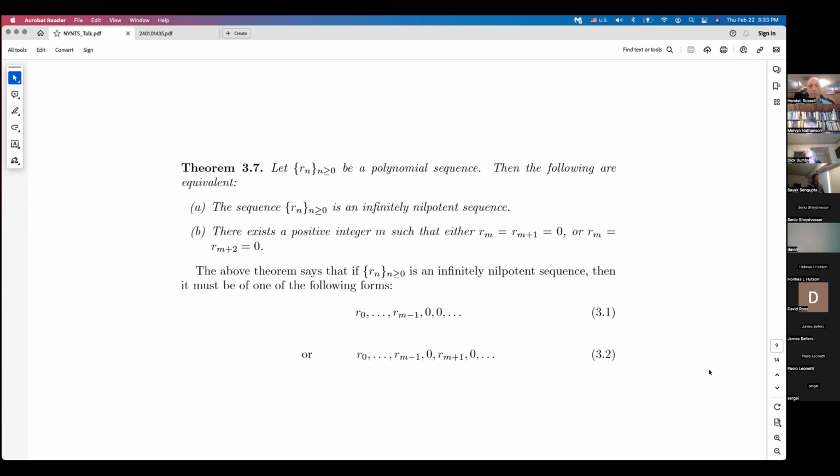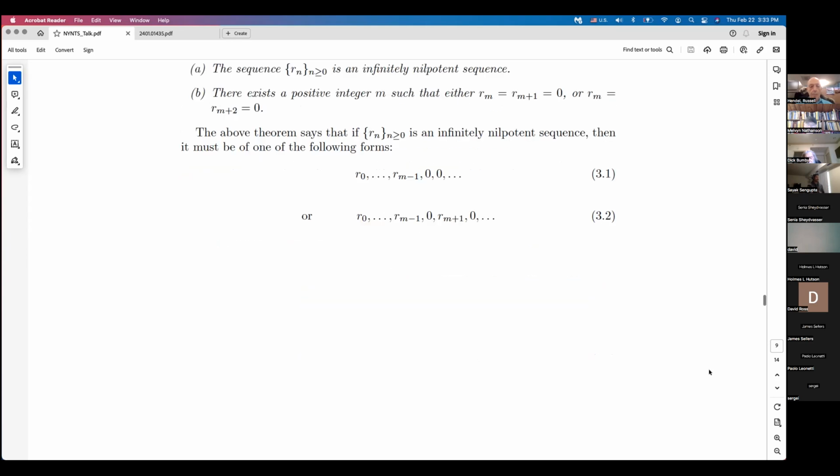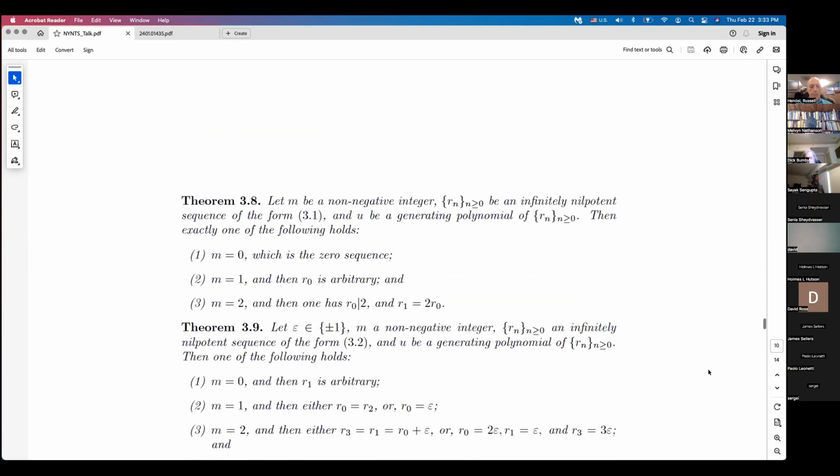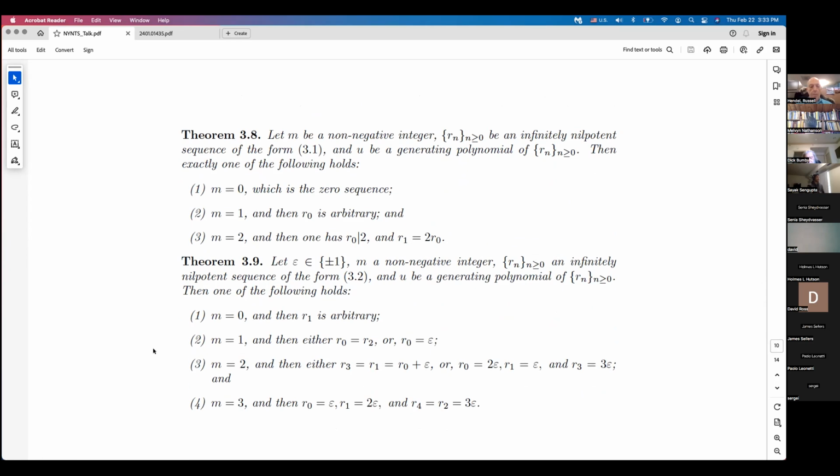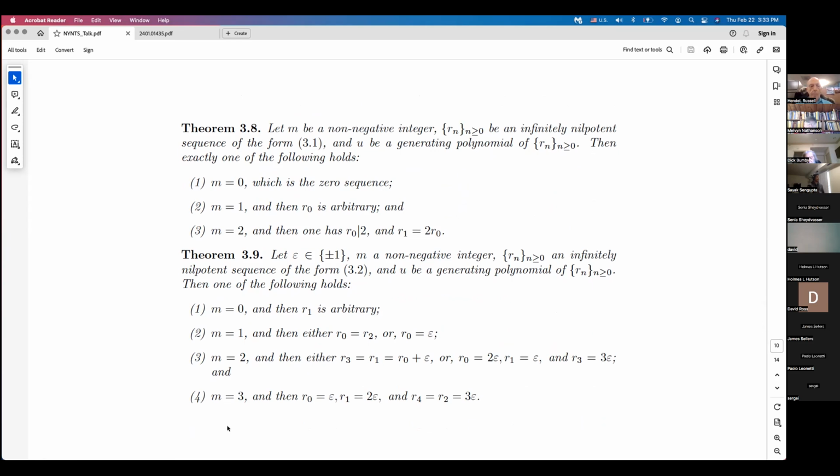3.2. And right away, looking at this classification, one can see that it cannot be more than 5. Actually, yeah, more than 5. Yes, that's right. More than 5 in this situation. So I had to check by hand that m equals 4 and m equals 5 were also not a possibility.